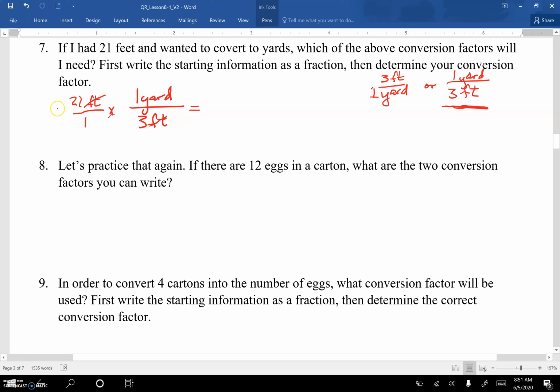So now I just multiply top times top, which, well, 21 times 1 is just 21, and bottom times bottom, 1 times 3 is 3. My only unit left is yards. And so now remember that this is just a division, so I've got 7 yards as my answer.